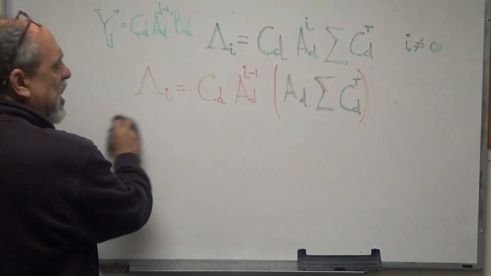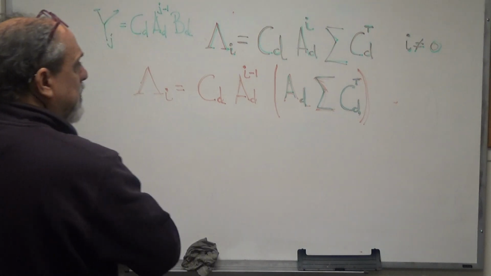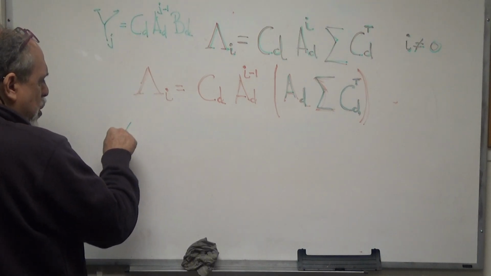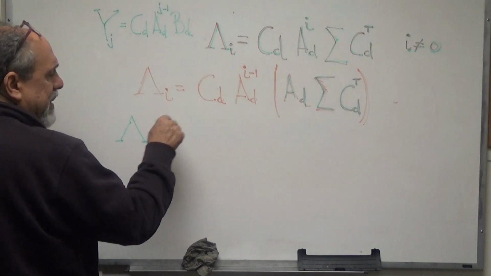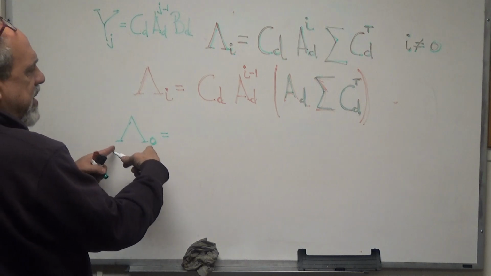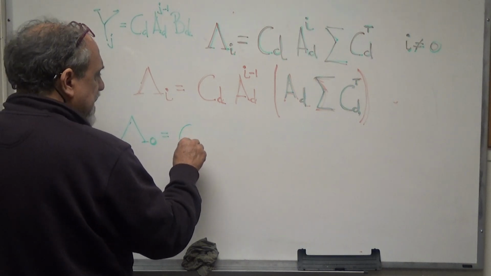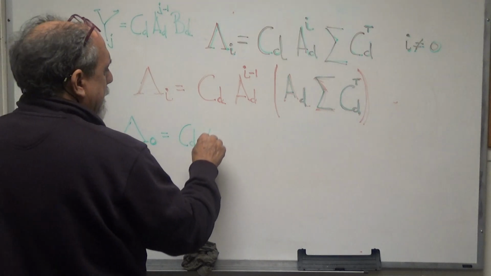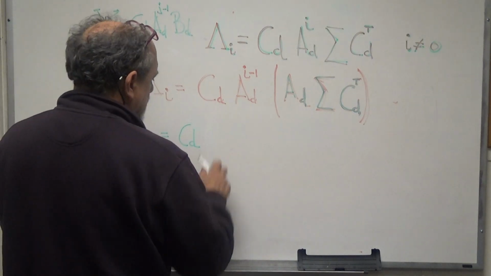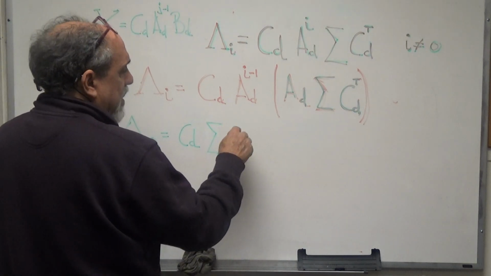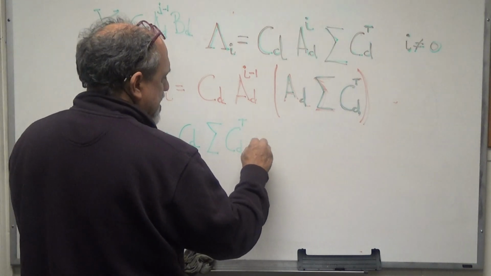They're not particularly useful as far as I know, but if you remember, at least from a formality point of view, we know that the correlation of the output covariance with itself at 0 lag is equal to CD sigma CD transpose plus R.